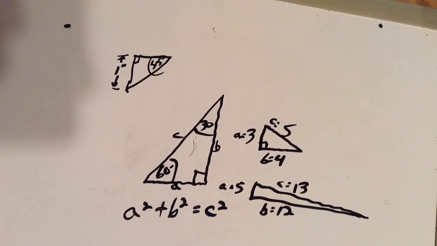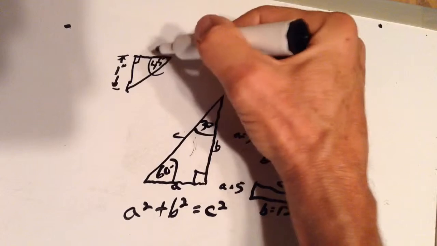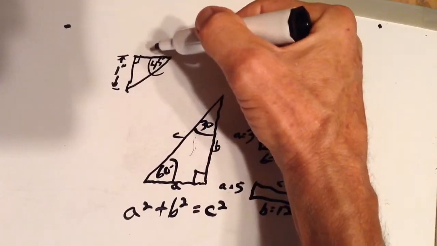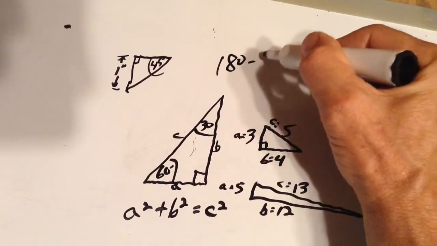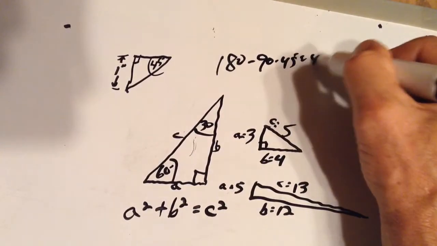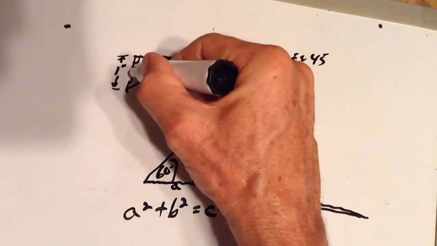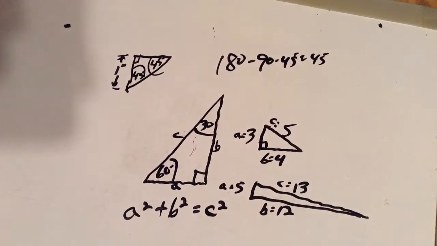If one of the acute angles is 45 degrees, the other acute angle must also be 45 degrees. So there's a 90, there's a 45, and they all have to add up to 180. So 180 minus 90 minus 45 equals 45. So this has to be a 45-degree angle right there.